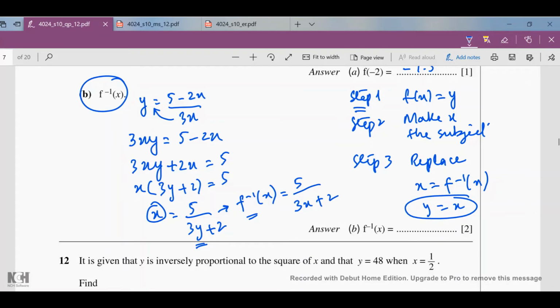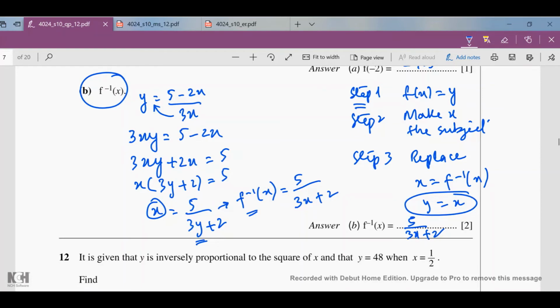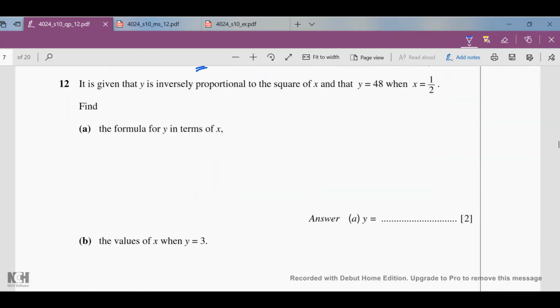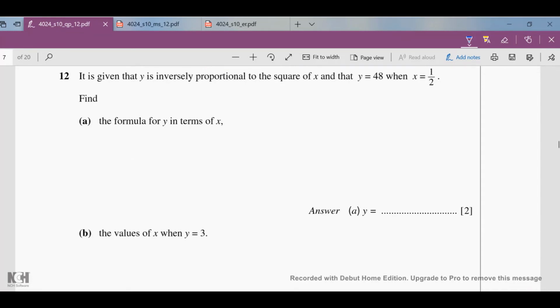So the final answer is 5 upon 3x plus 2. Actually, I'm solving this paper, so as soon as possible I want to give the answer. My topic explanation is in my particular videos. You can see the explanation about the particular topic.